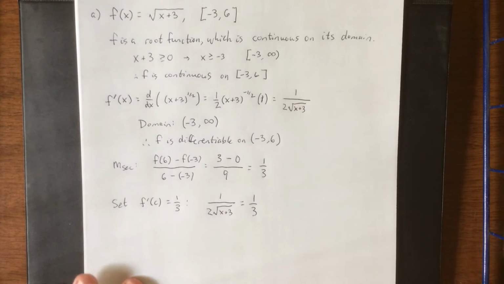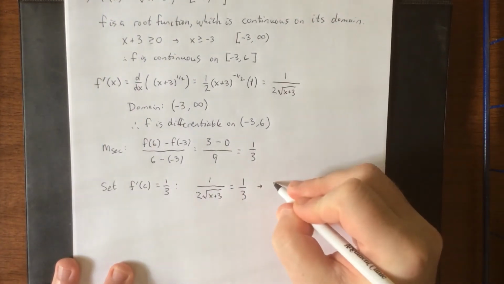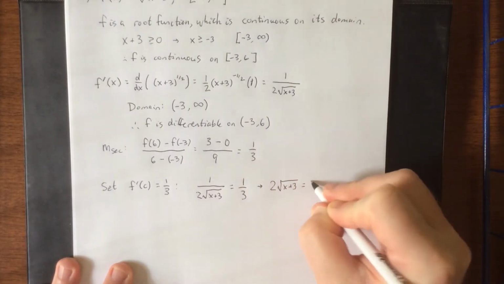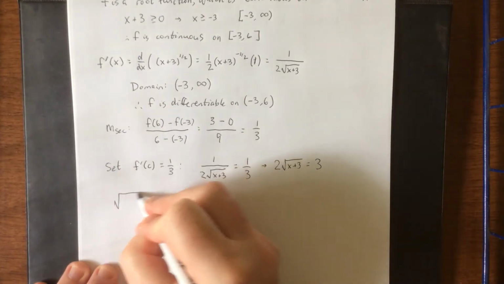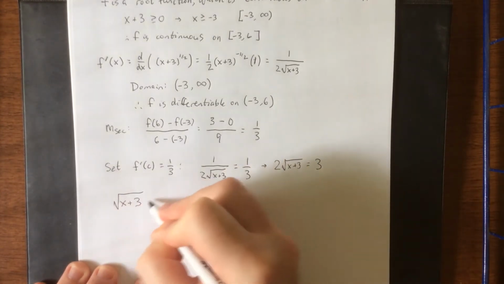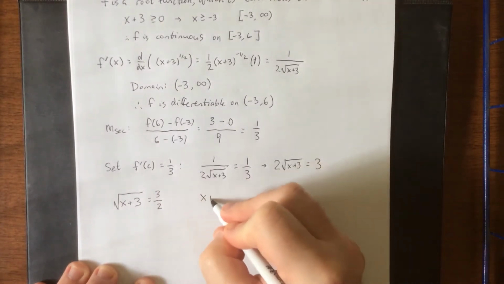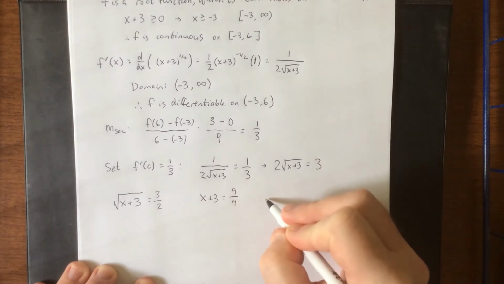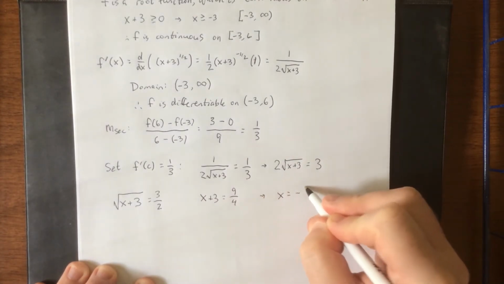Some would call it cross multiplying, some would call it taking the reciprocal of both sides, but we need that 2 times the square root of x plus 3 is equal to 3. Divide both sides by 2, we get square root of x plus 3 is equal to 3/2. Squaring both sides, we get x plus 3 is equal to 9/4. And finally, subtracting 3 from both sides and getting a common denominator, we will get x is equal to -3/4.